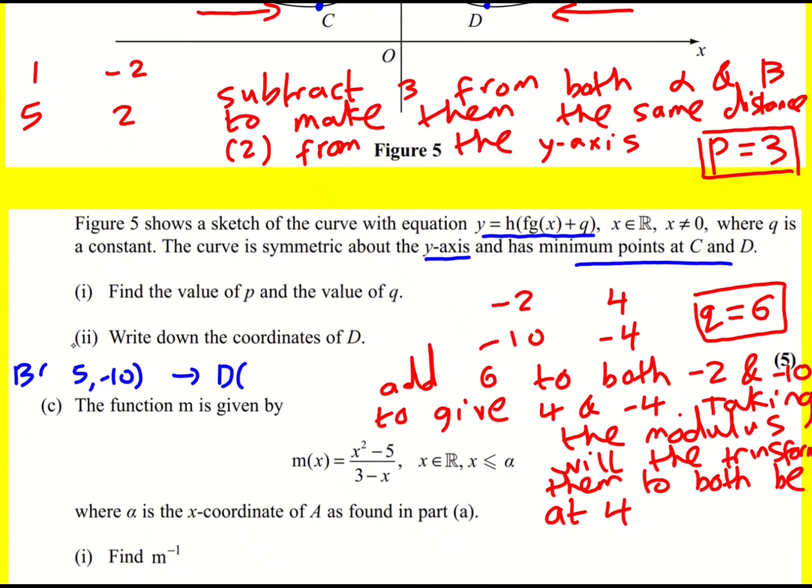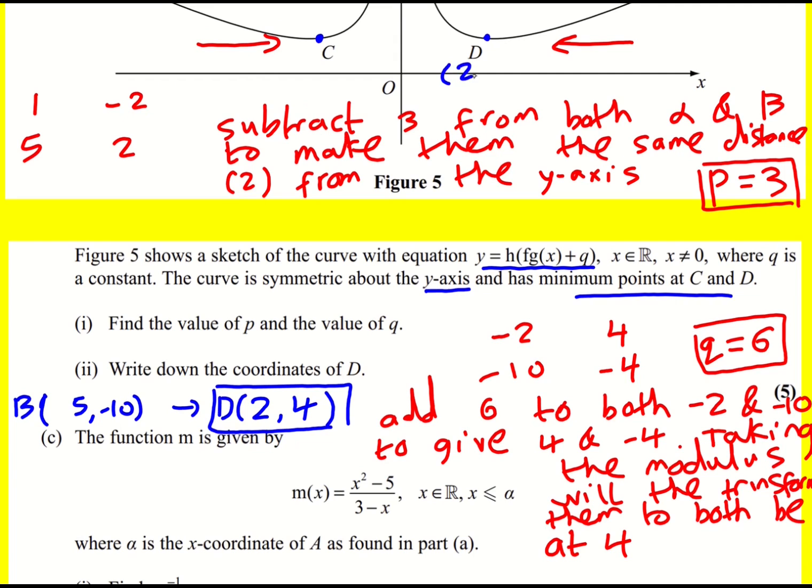I was getting confused. Translating by -3 in the x direction, that's going to give 2. And then by 6 in the y direction, but then taking the modulus, that's going to give me 4. So D is going to be at 2, 4. I'm just going to write down C as well, just so I've got it, -2, 4.